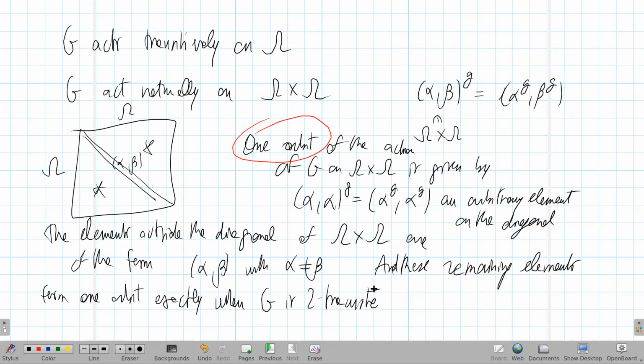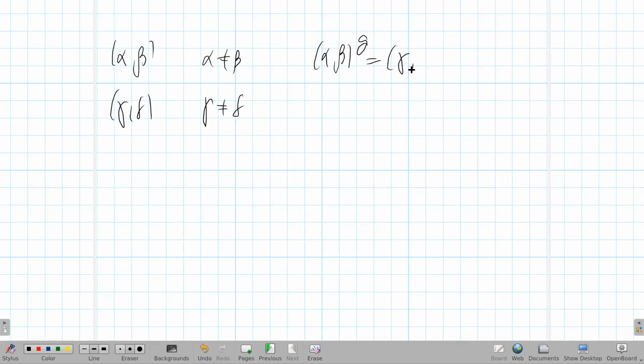Why is it so? Well, simply because if you have alpha beta with alpha different from beta, and another element of this kind, gamma delta with gamma different from delta, then alpha beta is moved to gamma delta by an element g if and only if alpha g is gamma and beta g is delta.